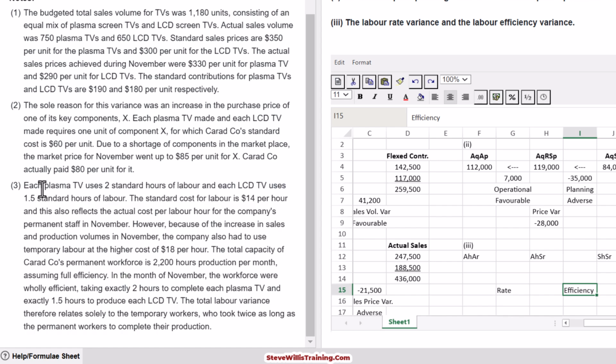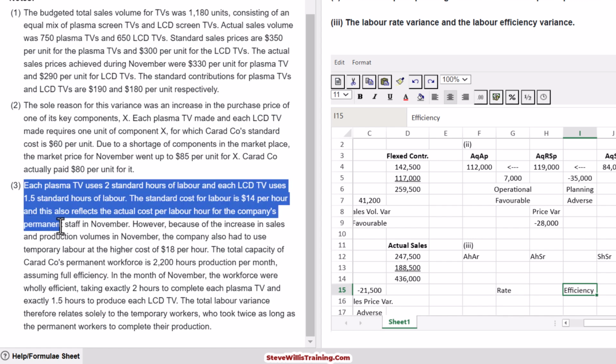So a plasma takes 2 standard hours, right? Standard is budgeted. LCD should take 1.5 hours per unit. The standard cost for labor is $14, and this also reflects the actual cost per labor hour for the company's permanent staff. Complicated stuff.